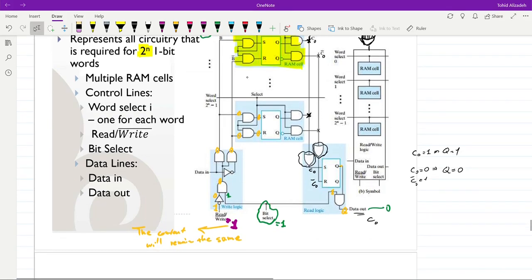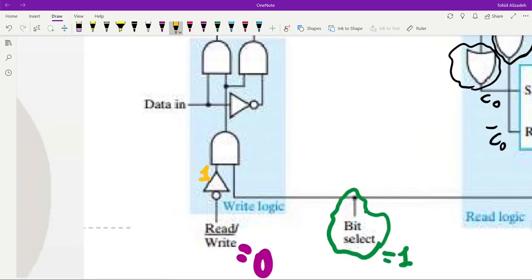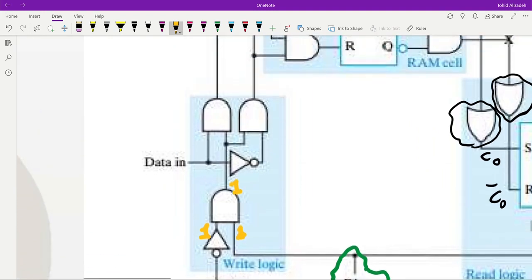On the other hand, if we set read write to 0, let me just change this. So RAM select, bit select is still equal to 1, but read write this time is equal to 0. If read write is equal to 0, over here we will have 1 at the output of the inverter. From bit select we also have 1, therefore the output of the AND gate here will be equal to 1.